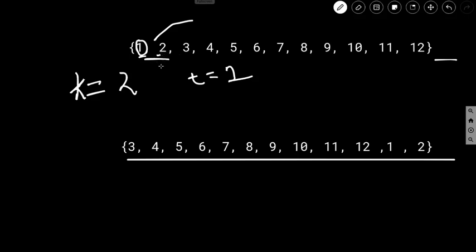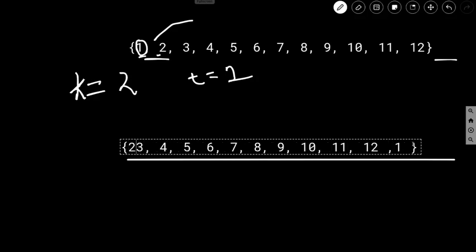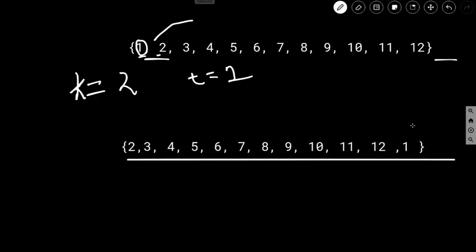First here comes your 2, then we shift it to the left, and then your 1 is placed at the end of the array, like this. So this is the rotation by 1.